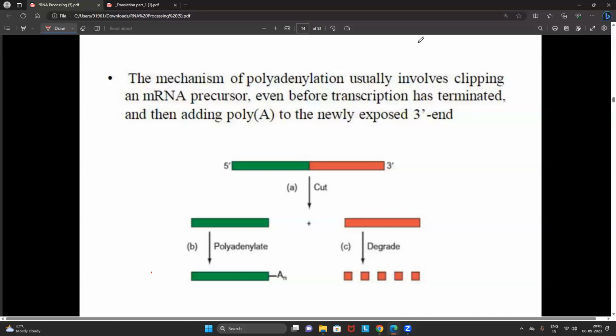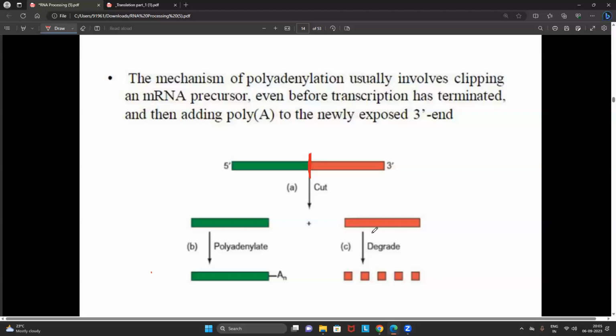You remember where we add the polyadenylation on the mRNA, friends, there is a specific site located. What do we call that particular site, friends? We generally call it the polyA site. So what we are doing actually is we cut at that polyA site and we add the tail. Of course, yes.